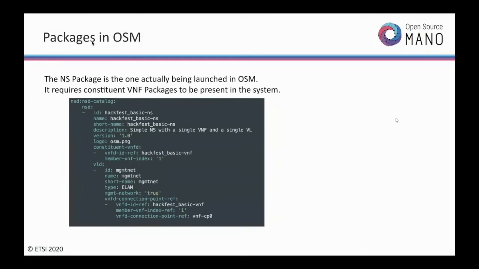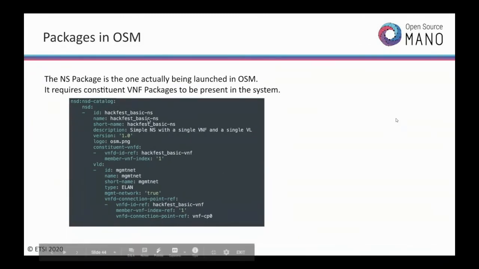So it requires constituent VNF packages to be present in the system first. You need to make the VNFs available in the local catalog first, to then make the network service package available, because you won't be able to make the network service part of the catalog if the VNFs are not there already.